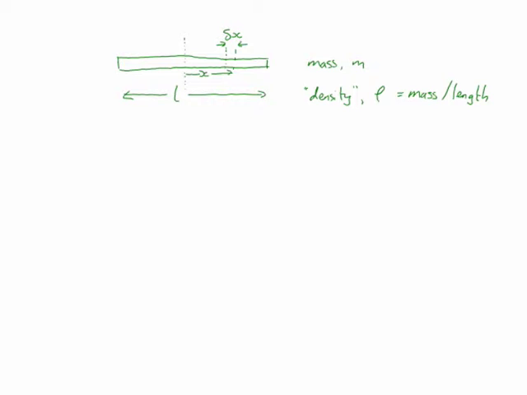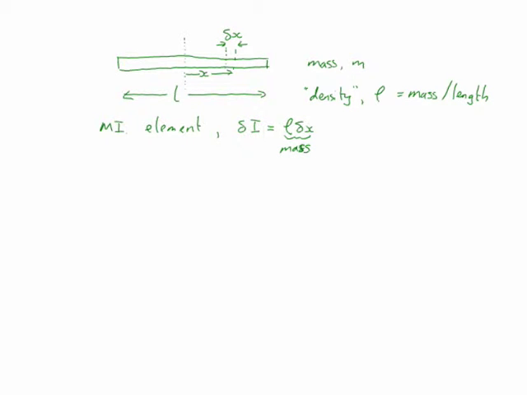Okay, and that's uniform, it's constant along the entire rod. So now what is the moment of inertia of the element that we've worked out there? Well, we'll call that delta I, and that is going to be equal to the mass of the element. If the element is a little length delta x, then the mass is simply rho times delta x.